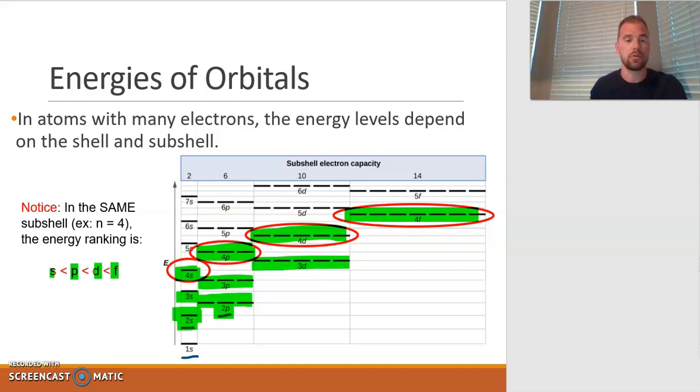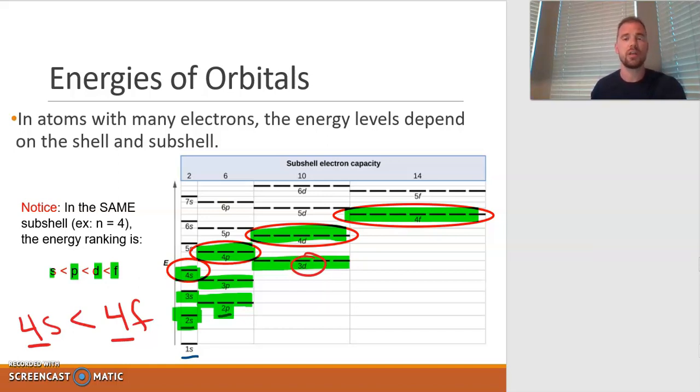So for example, the 4s is lower in energy than, let's say, the 4f. But that only works when you're in the same energy level, because obviously there's a little variation when you throw different energy levels in, such as 3d.